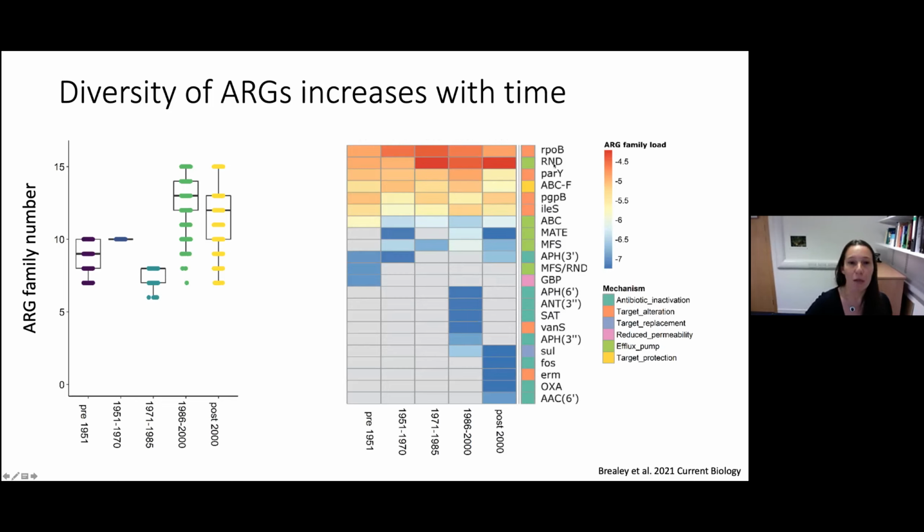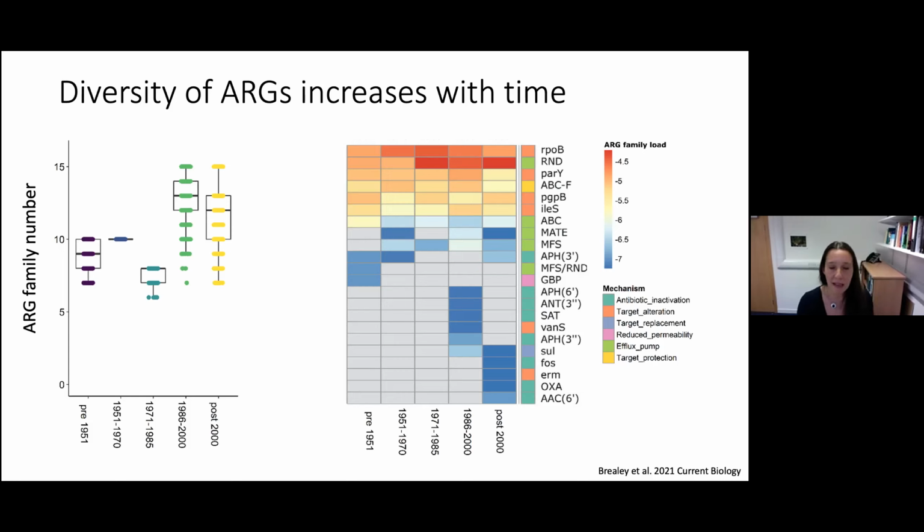So sorry, I'll walk you through this. We have antibiotic classes on the x-axis and time periods on the y-axis. There are certain classes that are always present, that change in abundance, but they're always there. And then we see an appearance in low abundance of novel classes in the last two time periods, corresponding to what we know in terms of use of antibiotics.